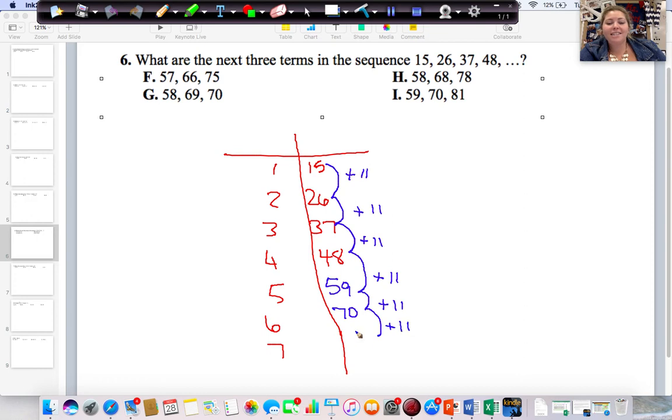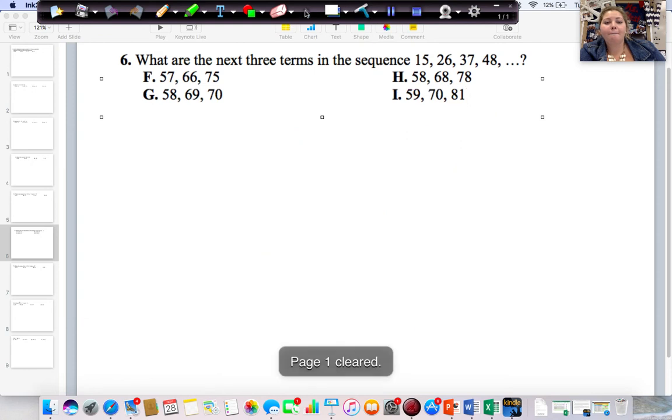Plus 11 is 81. All right? So our answer needs to be 59, 70, and 81. I'm not going to force you to show your work this way. This is just the way that I like to see it best, and it will get you prepared for 8th grade year. Okay, so your answer is I.